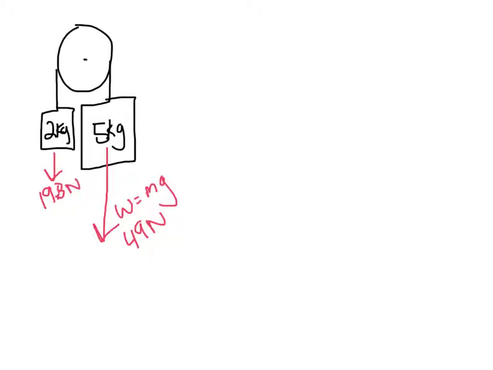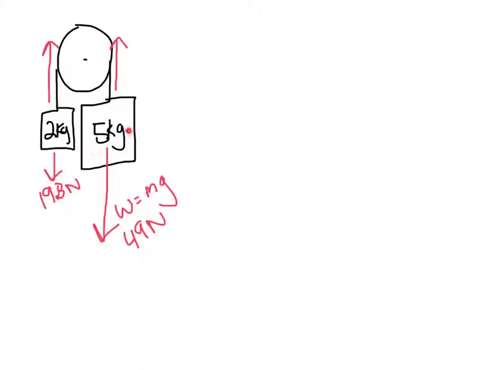So what we know from this is that the tension in the string is more than 19.8 newtons, because the 2 kilogram mass is going to accelerate upward. The upward force has to be more than the downward force. We also know that the tension in the string is less than 49 newtons.